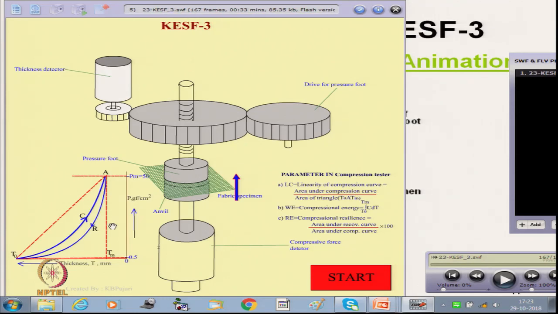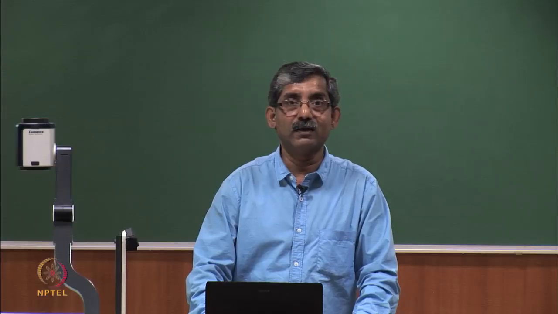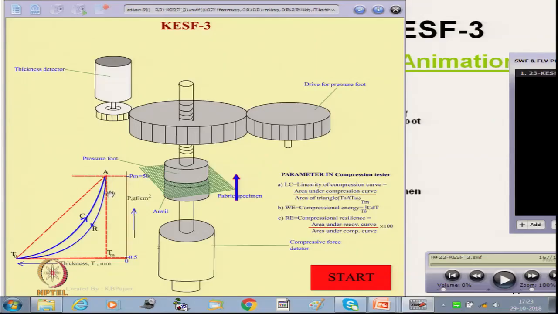Okay. So, here this is the initial point, and during loading the thickness reduces gradually. Here the x axis is thickness, the y axis is load. After reaching a certain load, the pressure foot starts moving upward, so thickness gradually increases, and we get different parameters similar to the tensile test in KESF 1.